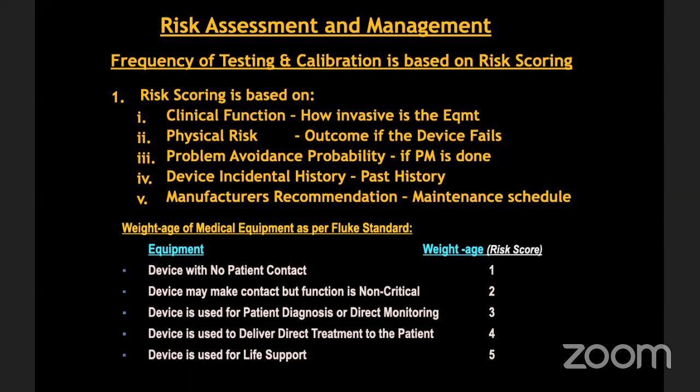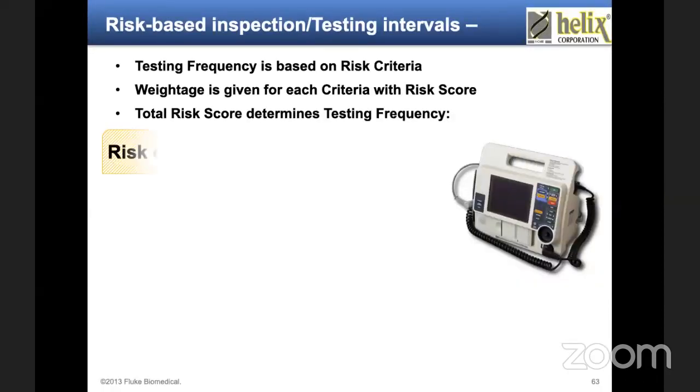Nothing, or avoidable failure. Incident history: was there any incident before in the hospital where the machine failed and the patient died? Yes or no? Manufacturer's recommendation: what is the maintenance schedule? Whether they say or not. If they say every 5,000, 10,000, 20,000, whatever it is, there is a scoring for that. And we are going to see this risk scoring.